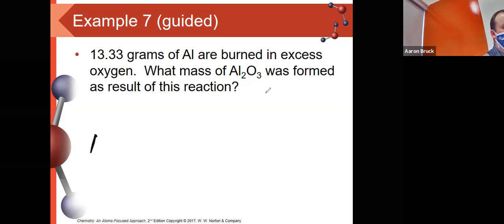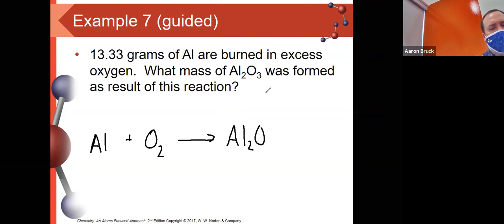I've got aluminum reacting with oxygen to create aluminum oxide. Now, my balanced chemical equation, when this is all said and done, is going to look like this. That's my balanced chemical equation.